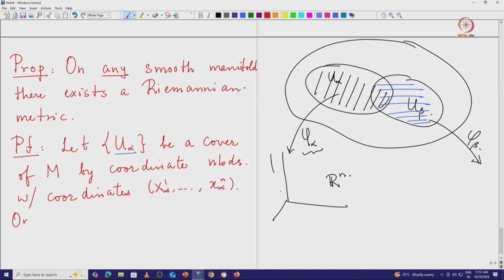Okay, so let me write down the details. On U alpha, we have the Riemannian metric G alpha, which is given by summation i going from 1 to n of dx alpha i tensored with dx alpha i. So this is the standard Euclidean metric on this coordinate neighborhood U alpha.